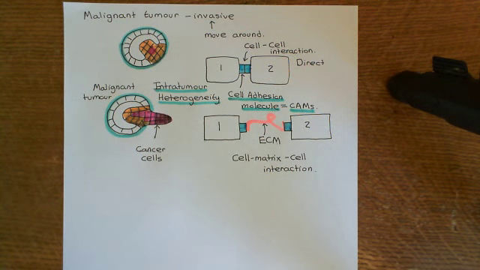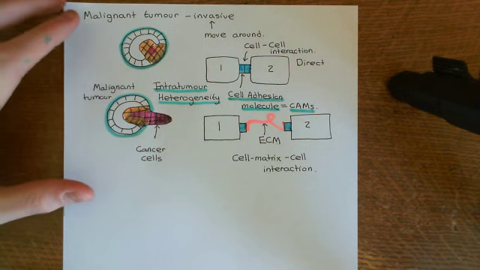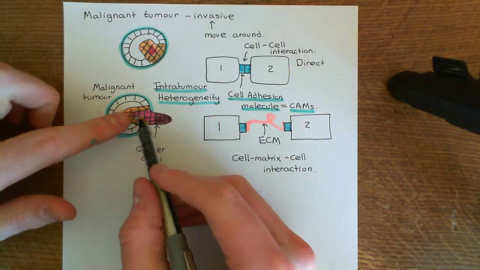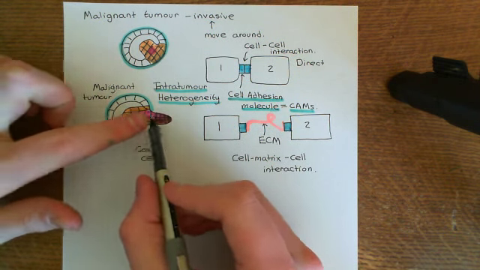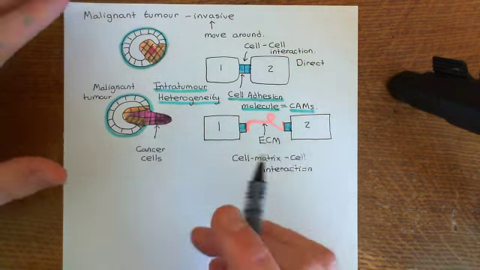Okay, right. Now, what's going to happen now is that these cells are going to invade blood vessels. Okay, they're not just going to invade the surrounding tissue, they're going to get into blood vessels. Well, actually first I should probably say that they're going to invade the surrounding tissue, and they're often going to end up destroying the surrounding tissue.